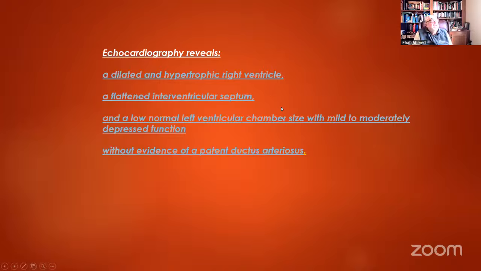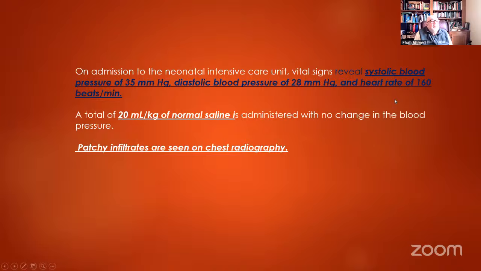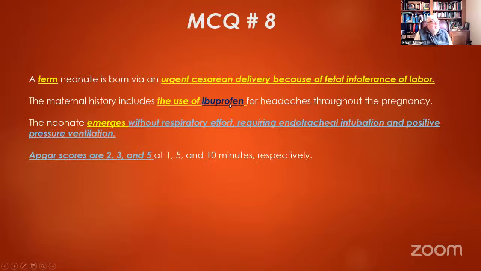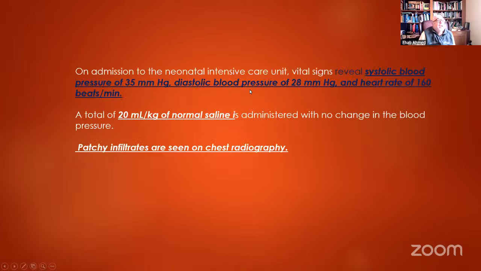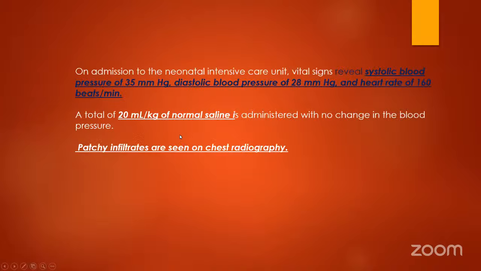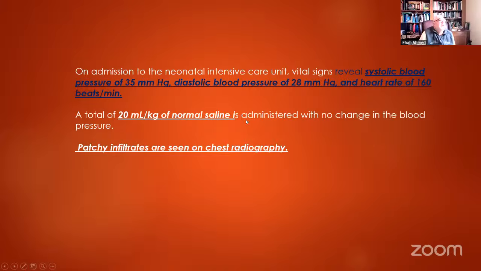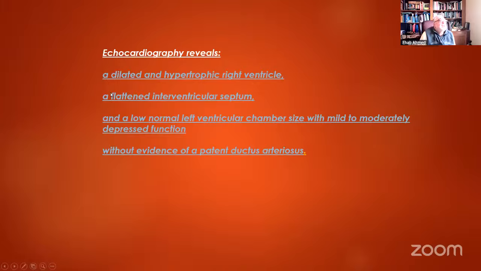But the key points in the history of ibuprofen will make you try to exclude some or most of these differential diagnoses. And the hypotension and the shock in the baby requiring normal saline bolus and the echocardiographic findings, these all are key words.